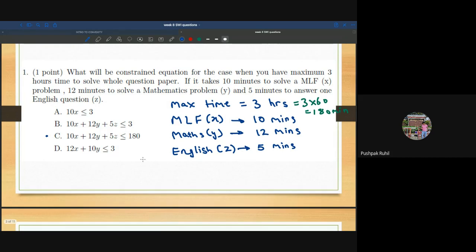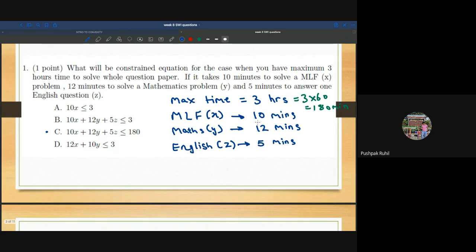So now the equation would be, it takes 10 minutes to solve one question. So if there are x questions for MLF, then it would be 10x plus 12y plus 5z. This would be less than equal to 180 because the maximum time is given to us, so we can solve the question paper in less time as well.